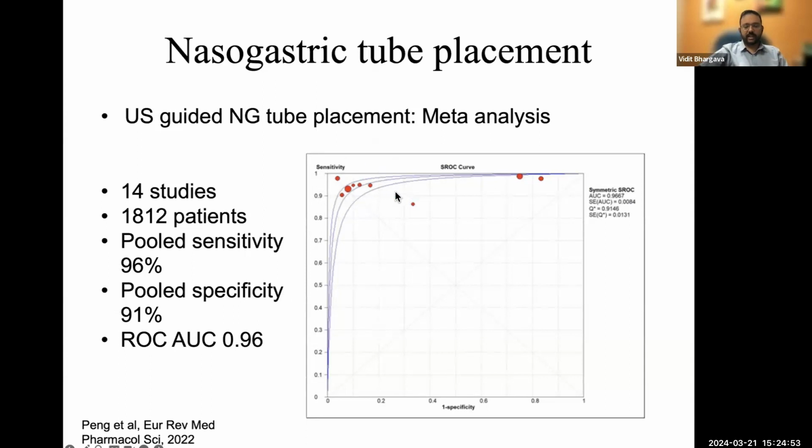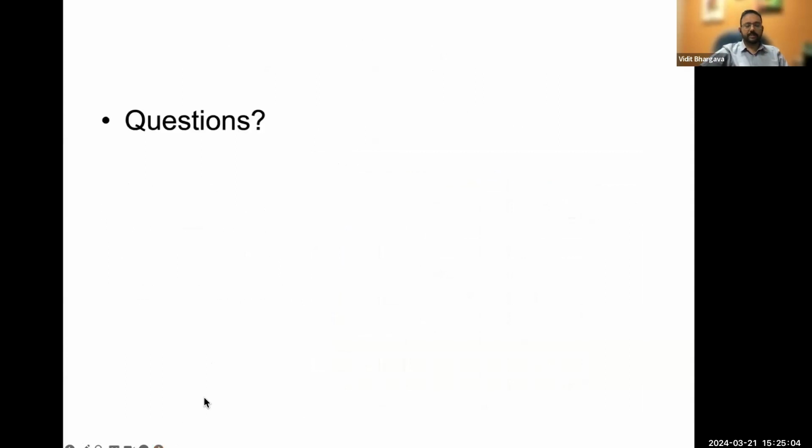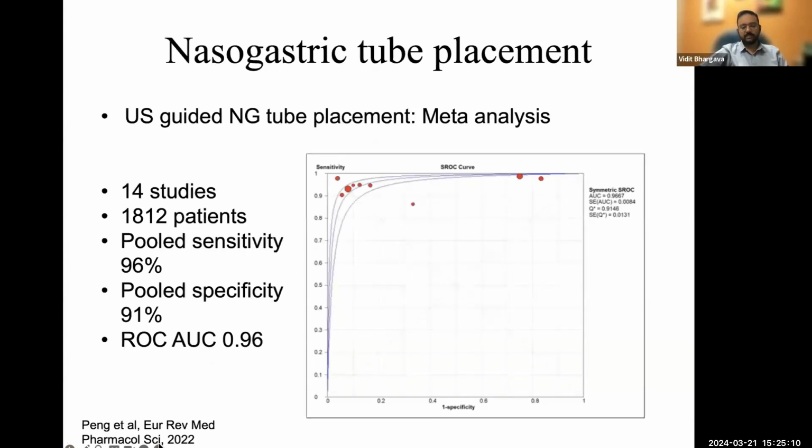That tells me that not only is the data good, but it is also consistent across all of the different studies that have looked into this question. So I think there is literature supporting its use, but it's not very common, at least in our ICU, to use this as a consistent modality right now.